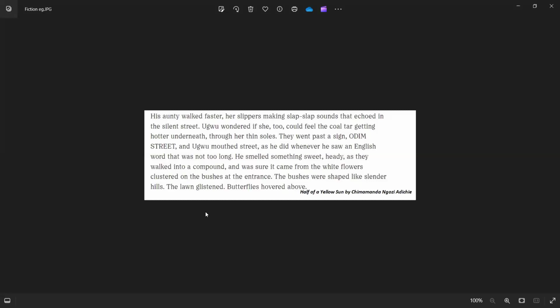What do you notice here that is a feature of fictional texts? Longer text. Pardon? Longer texts. I'm sorry, I can't hear you very well. It's a bit muffled.